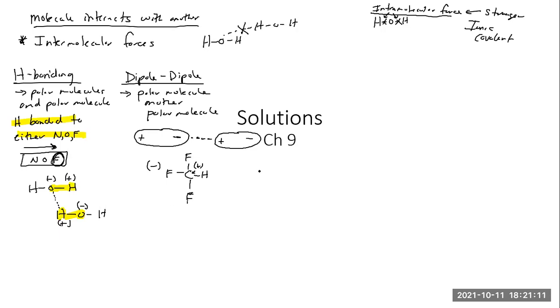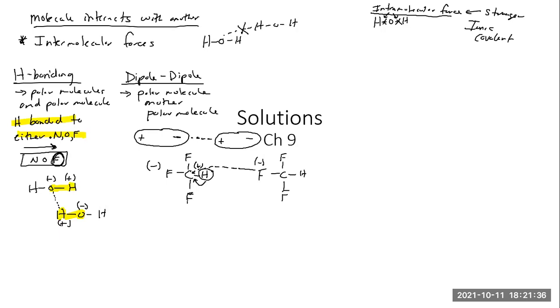And if you have this guy with itself, we would have the positive side attracted to the negative side. And again, this would be dipole-dipole interaction, not hydrogen bonding. Although there is a hydrogen here, it is attached to carbon, not nitrogen, oxygen, and fluorine.